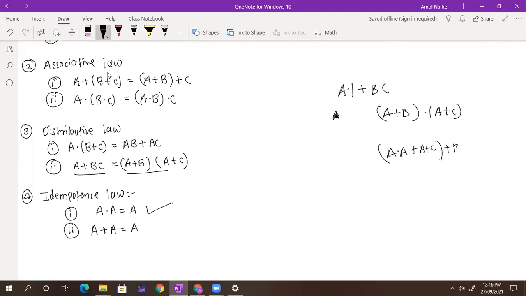No, not the bracket, sir. Just wait. I'm trying another way. Whether I'm getting it or not, I will check. I multiply A to the whole bracket and B to the whole bracket, and then I will check. So I'm getting A into A plus C plus B into A plus C. But we are getting the same thing.